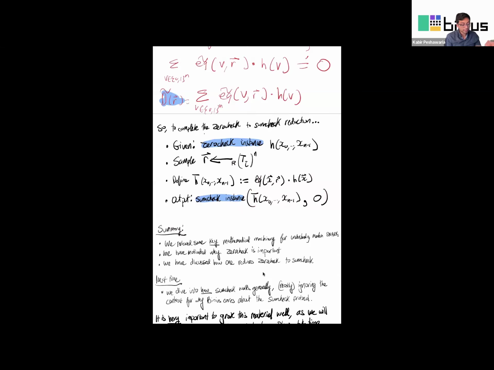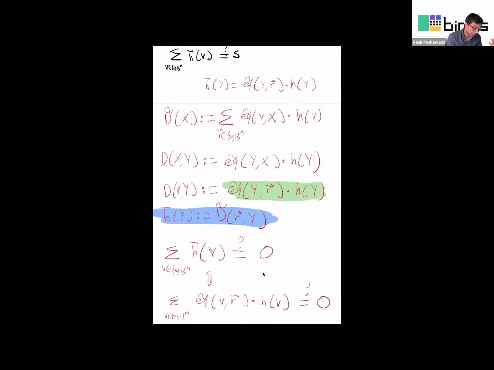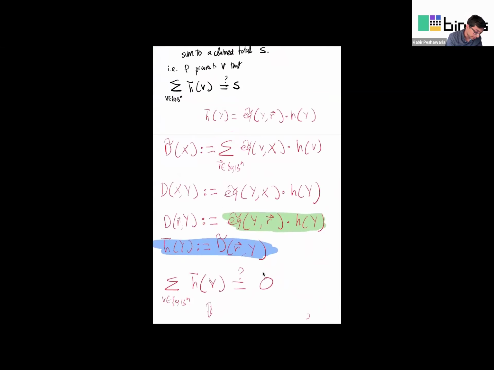The mathematical reason why this works is that sumchecking this h bar over the entire hypercube, taking all those sums, is exactly the same expression as the expression you need in order to evaluate d tilde at r.